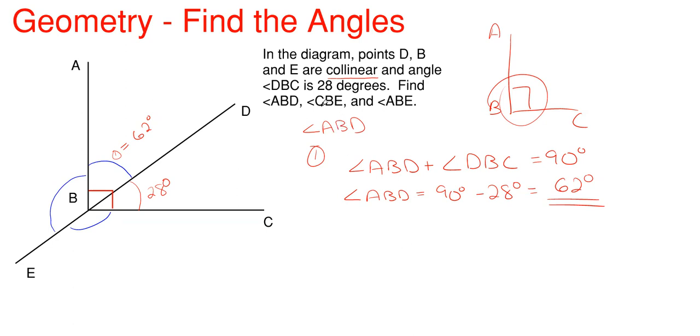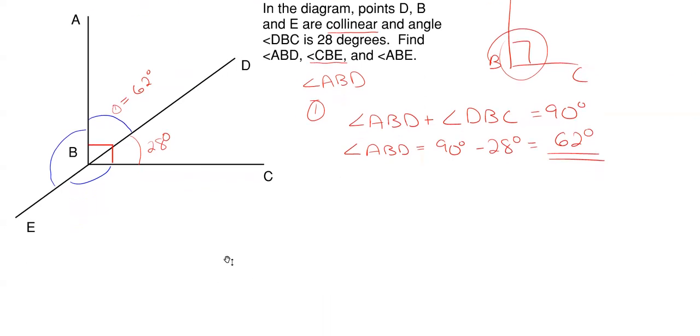So let's look at getting angle CBE next. CBE is this one right here on the bottom right. And for this one we're going to have to know about that collinear, which is 180 degrees. So what we essentially have going on here, if I scroll down just a bit to give myself a little bit more room, we have our straight line of D, B, E, and then we have our C right here.